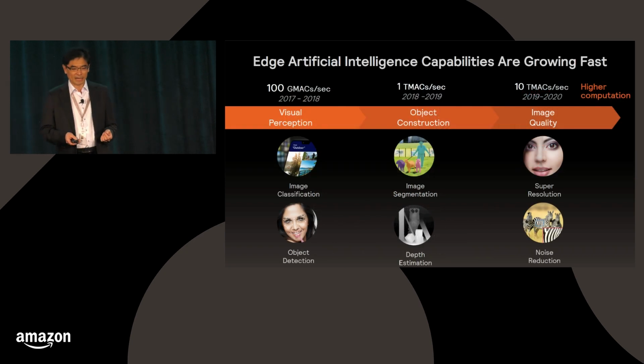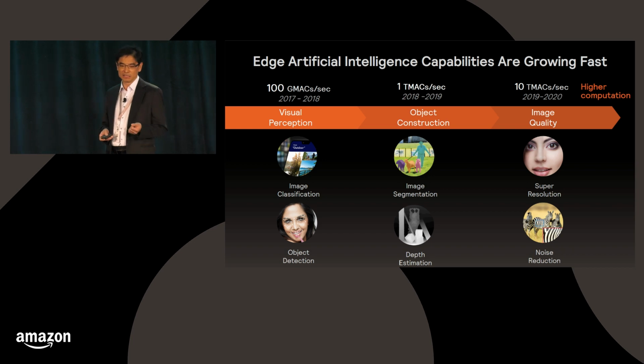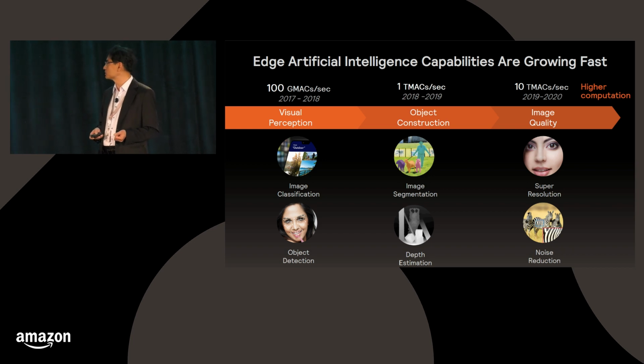With edge AI, in 2018, last year, devices could afford more than 100 GMACs per second. So it enabled visual perception functions like image classification and object detection.